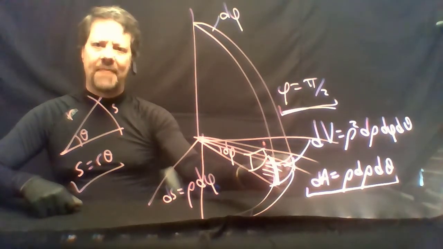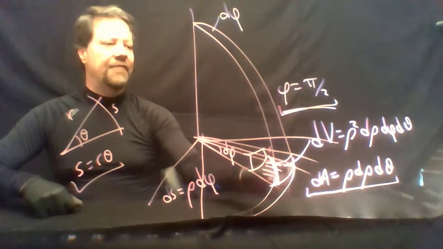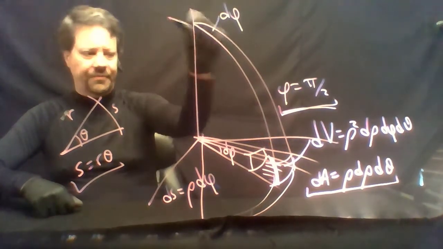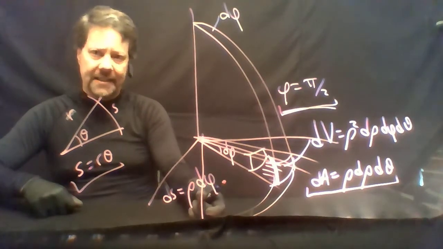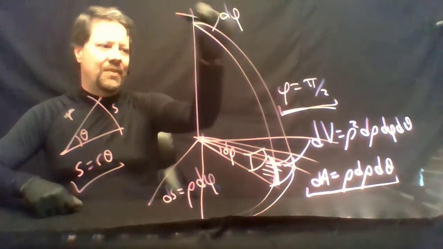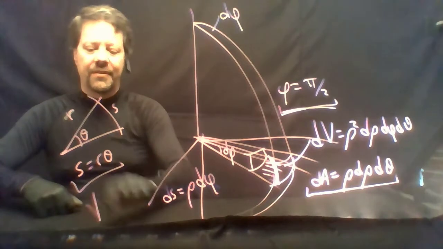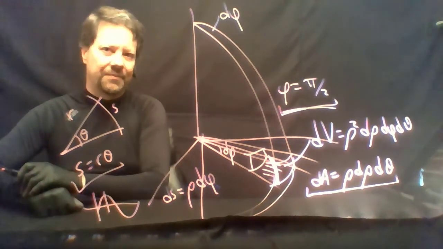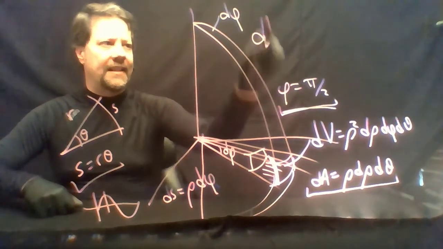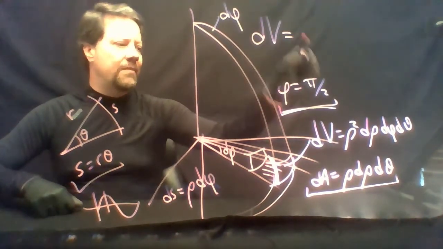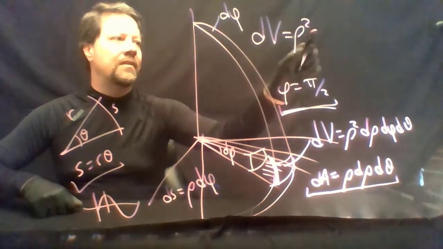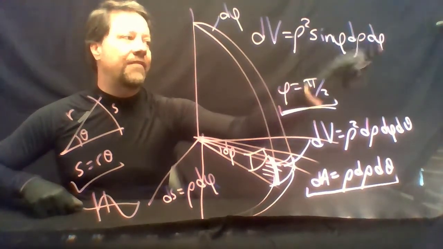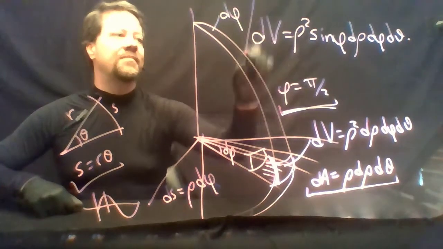That's kind of where you get the maximum element of volume. If phi is equal to 0, this will be squished down to 0 in volume. Same thing if phi is equal to pi. So it reaches its maximum at pi over 2, just like the sine curve reaches its maximum at pi over 2. We deduce then that the element of volume is going to be rho squared sine phi d rho d phi d theta.